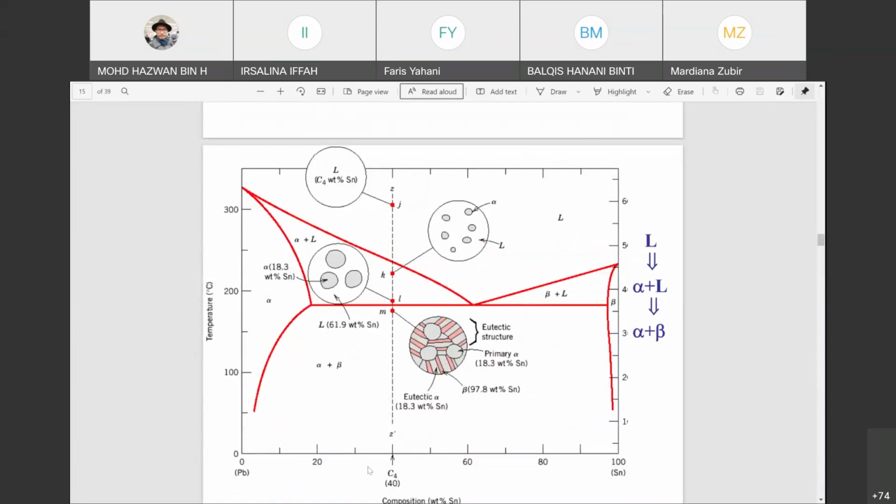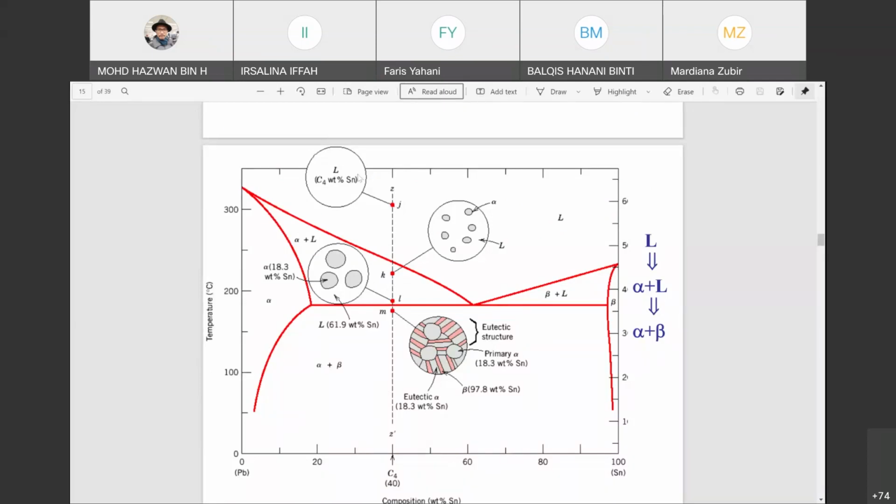Let's say that the composition I asked you about is 40% of tin, at different temperatures: 300, 220, 180, maybe 185, for example, and then another one at 170. So you have points J, K, L, and M.